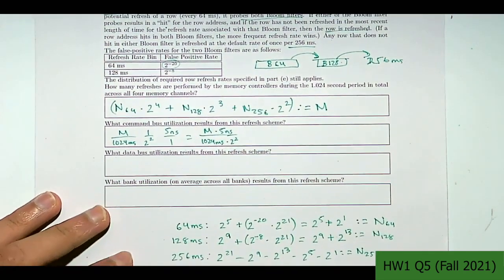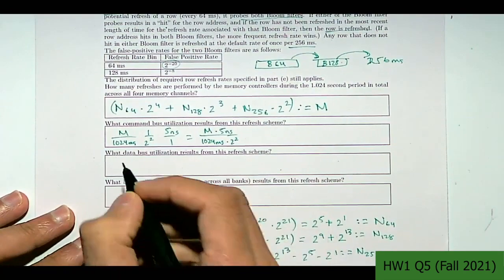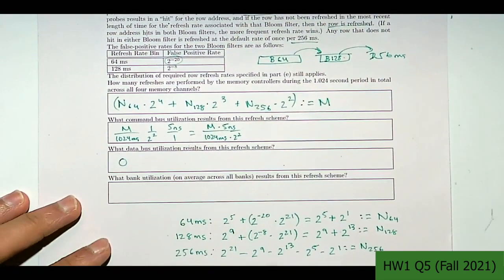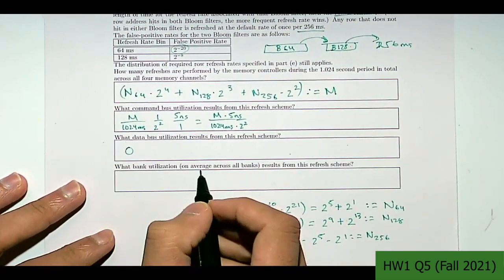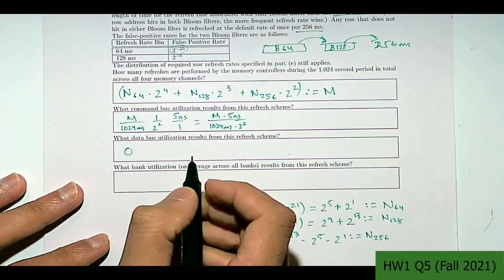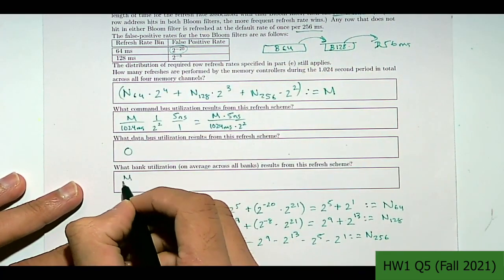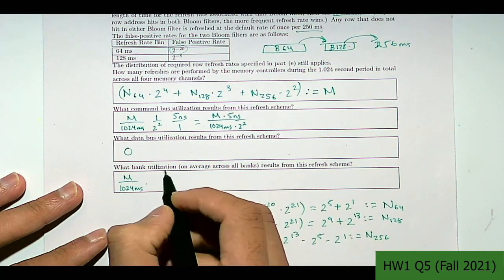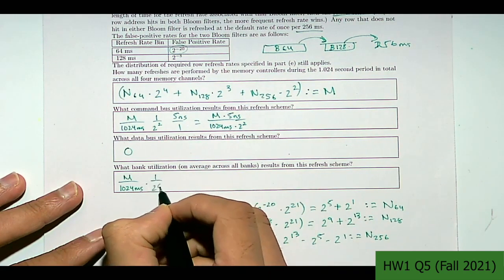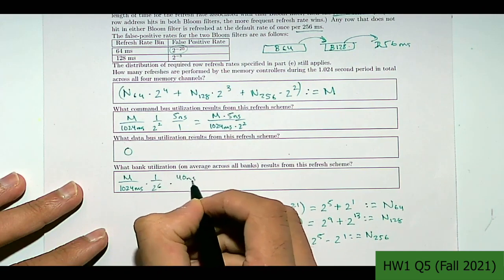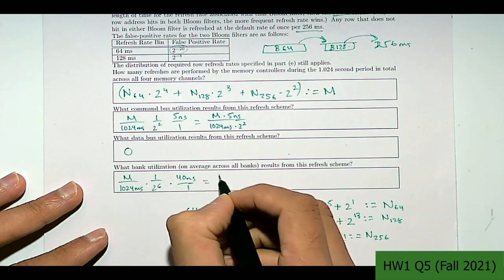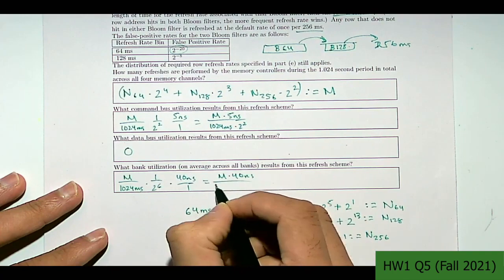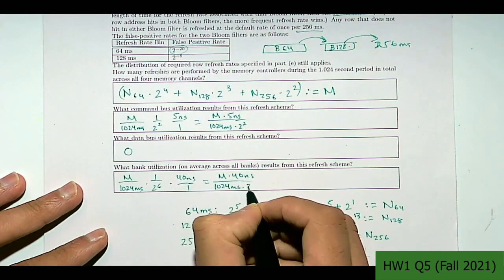For data bus utilization, again, we don't touch the data bus for this scheme, so it's still 0. And for bank utilization, same thing as before: we have M operations per 1024 milliseconds, here with 2 to the 6 banks and 40 nanoseconds per refresh operation, so M times 40 nanoseconds over 1024 milliseconds times 2 to the 6.